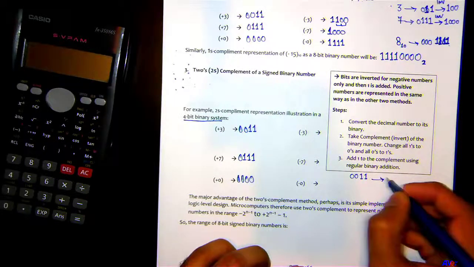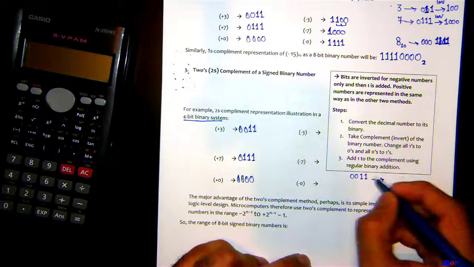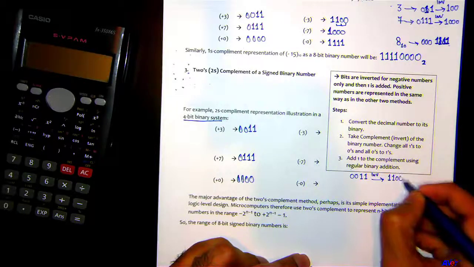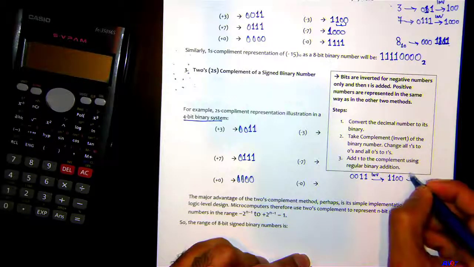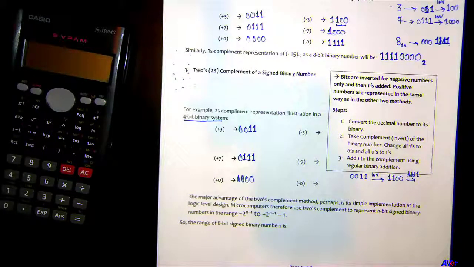What's the next step? Inverted, right? So this becomes 1100. What's the next step? Add 1. If I add 1 to 1100, what would that be?